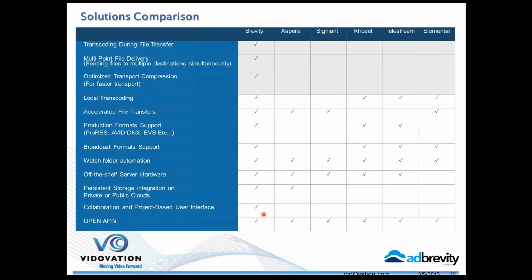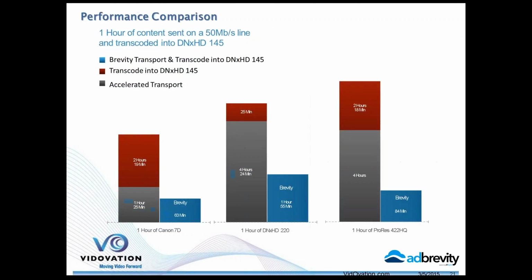Having these presets of what file formats each location needs for our workflow helps us to better collaborate and helps with confusion, remembering that LA needs a ProRes, and New York needs an H.264 high profile. We don't have to worry about all of that.